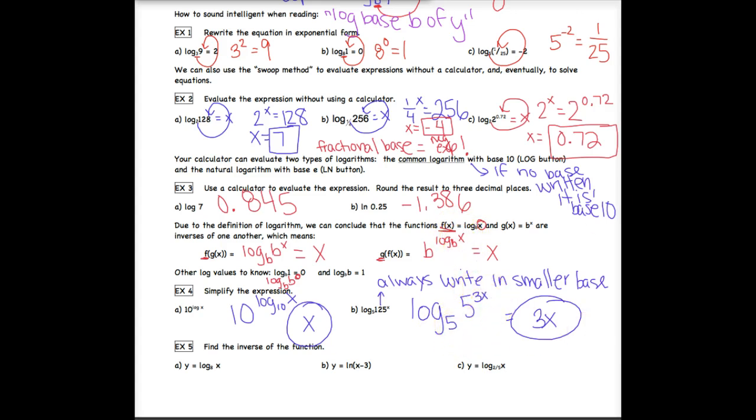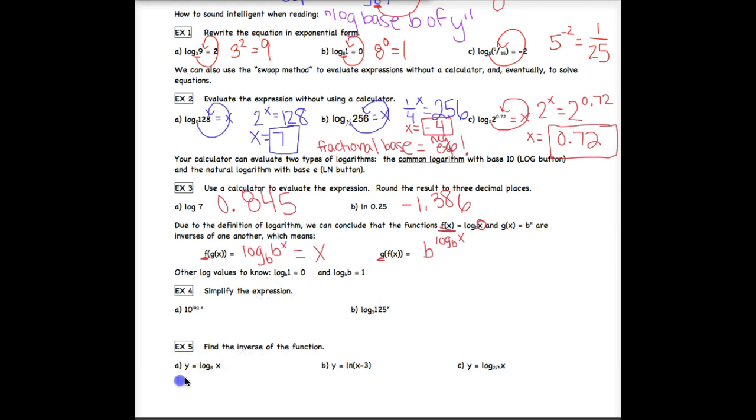All right, last examples. Find the inverse of the function. So we have found inverses in the last unit. And we did an activity where we discovered some of their properties. Remember that the first step is to switch x and y. Second step is to solve for y.